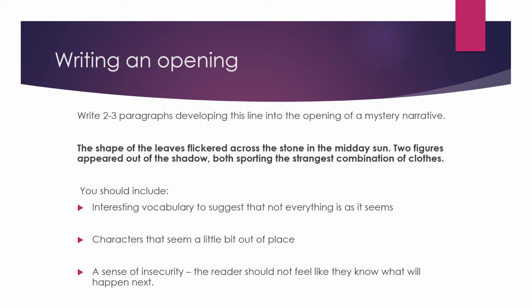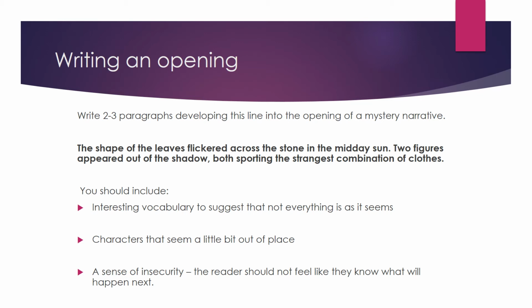Now you will notice there were elements of this opening line that take inspiration from the extract that we read yesterday. So see whether you can create a similar sort of feeling in your own writing. You should include interesting vocabulary choices to suggest that not everything is as it appears. Characters that seem a little bit out of place.